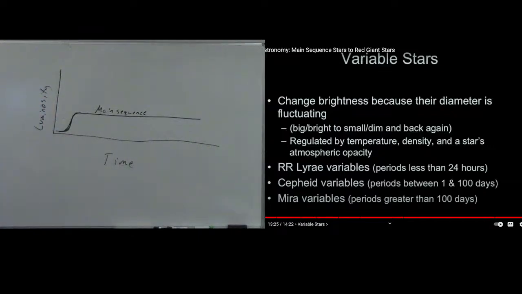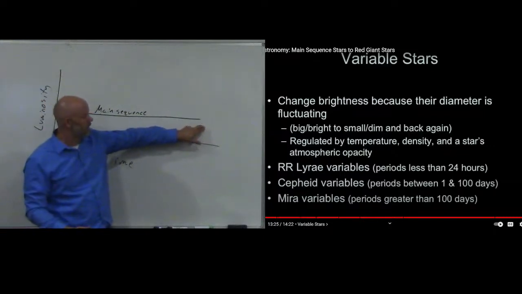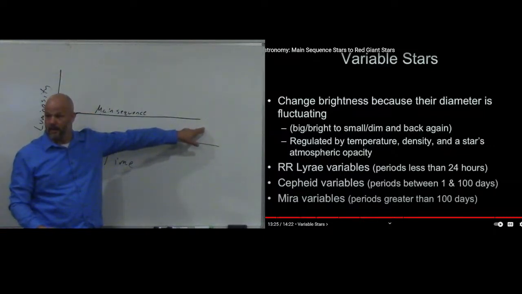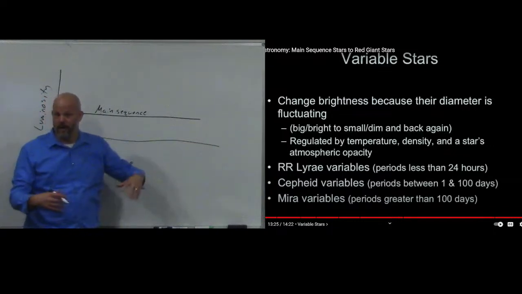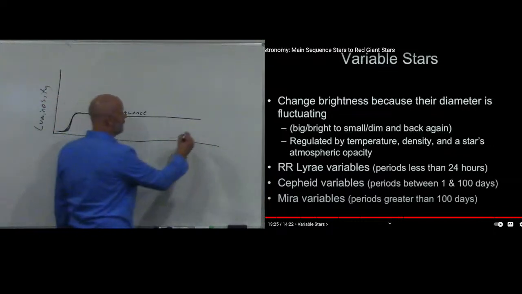Run out of fusion, which means things aren't producing the same light. What's going to happen to my luminosity during those early days? Is it going to go up or down? If I'm not doing fusion, it's going to go down.